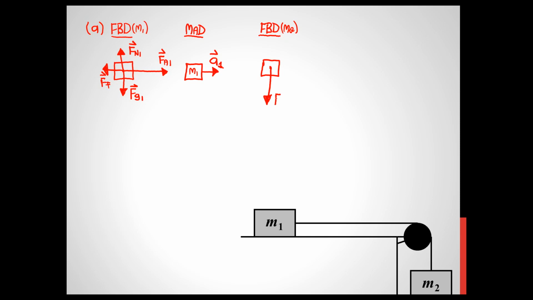So we're going to call it FG2. Now, the only other force acting on this one, because we're ignoring air resistance, is going to be the applied force from that rope. If you were M2, you would feel the tug of the rope and it'd be pulling straight up. Okay, so the tug of the rope, we're going to call that FA2.